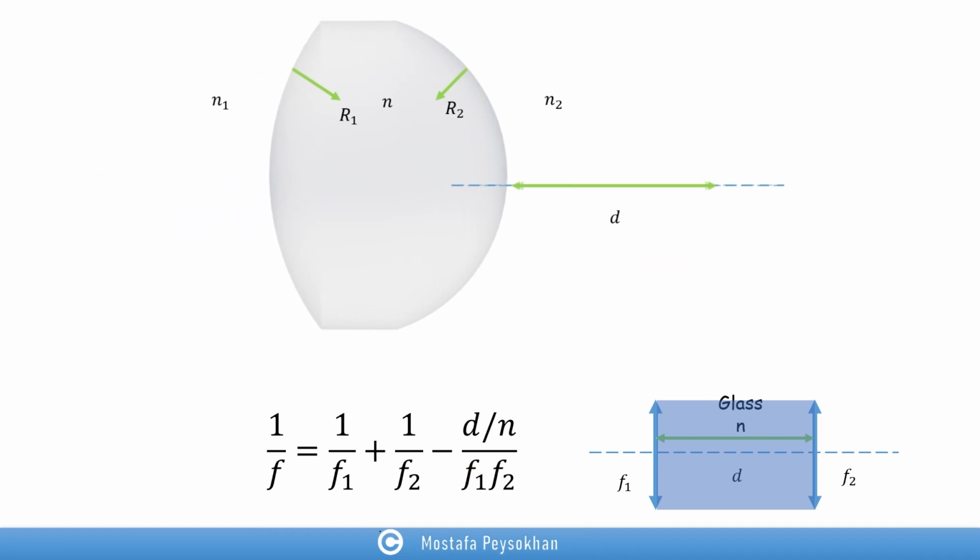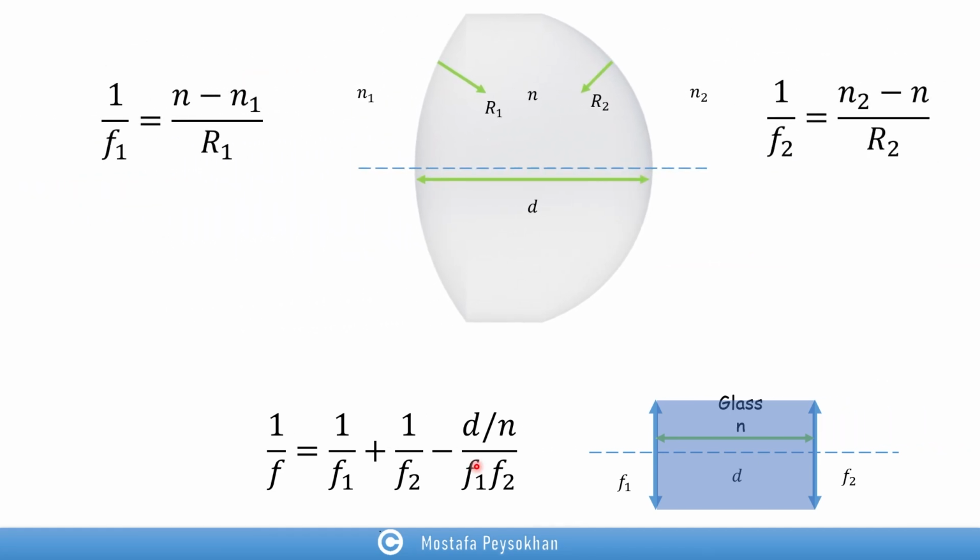And we know that for a surface with radius of curvature r1, and radius of curvature r2 on the other side, the optical power, or 1 over f1, is equal to n, the refractive index of the second material that the light is propagating in, minus n1, the refractive index of the material the light is coming from, over r1, the radius of curvature of this surface.